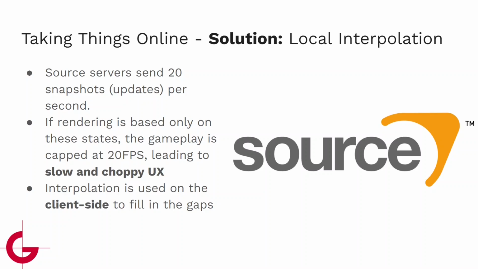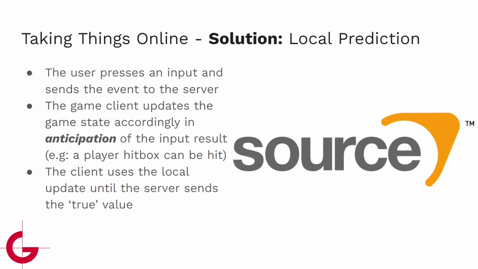But if rendering is only based on these updates, it would lead to a slow and choppy game. And so interpolation is used on the client side to fill in these gaps between the 20 times per second. And if the user presses an input and sends the event to the server, so when you fire your weapon, the game client updates the game state accordingly in anticipation of the input result.